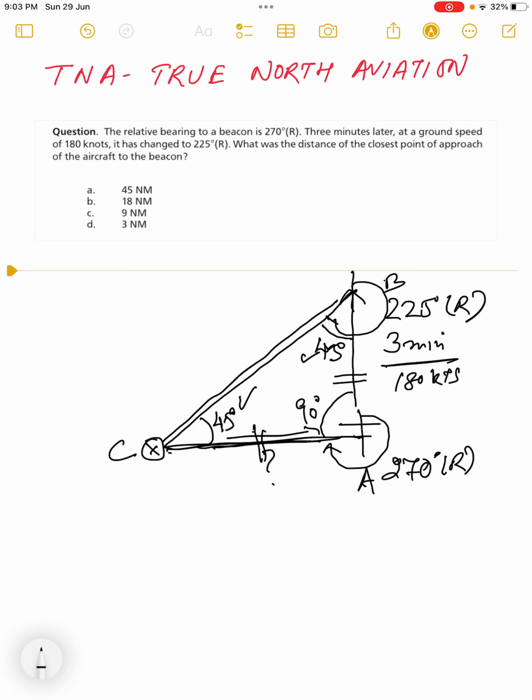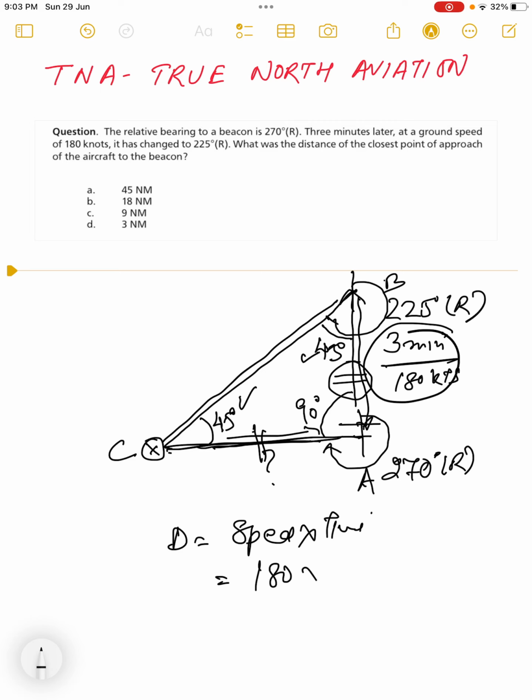So we have to find the distance of this side. What is the distance? Given 3 minutes at 180 knots, distance is equal to speed multiplied by time. Speed is 180. Time is 3 minutes.